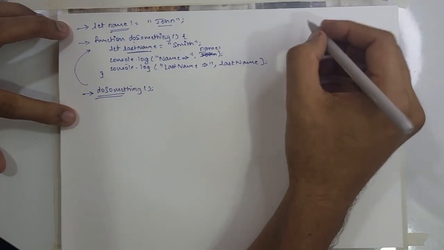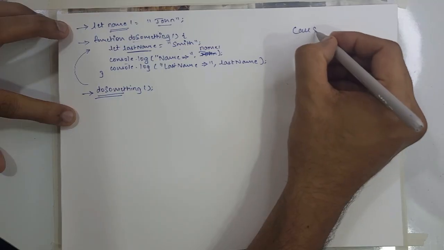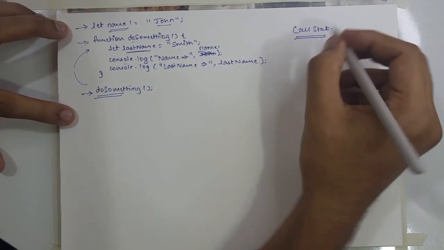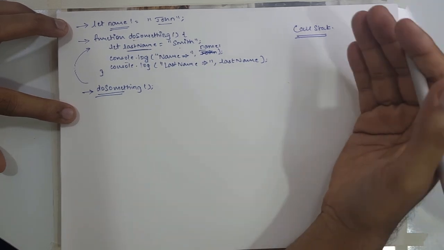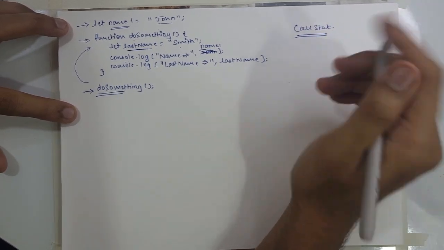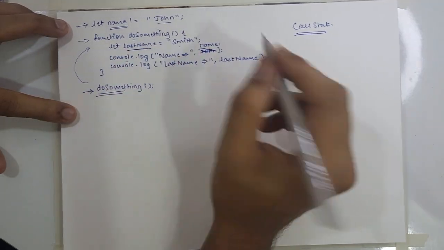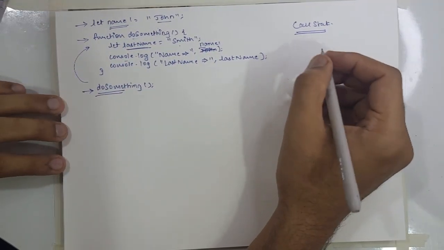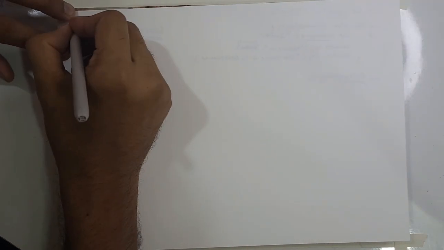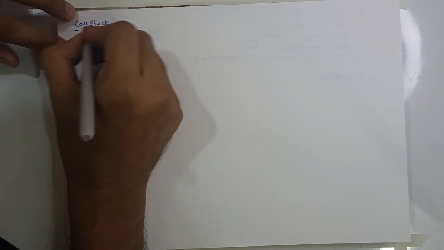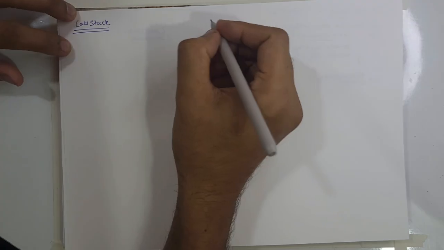All this information will be stored in call stack. It basically stores which function has to be executed next. If there is a return from any of the function, then where I have to return back. Everything is basically stored in call stack. Let us understand more what is call stack and how the statements are executed basically in the call stack.